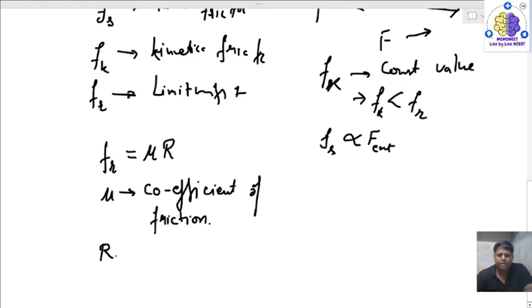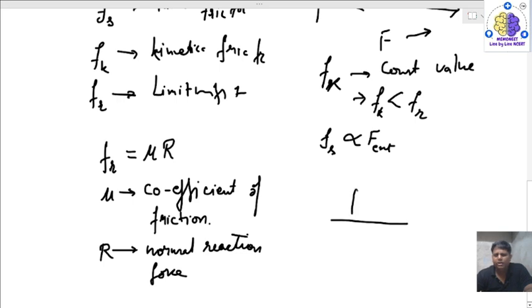And R is the normal reaction force, right?